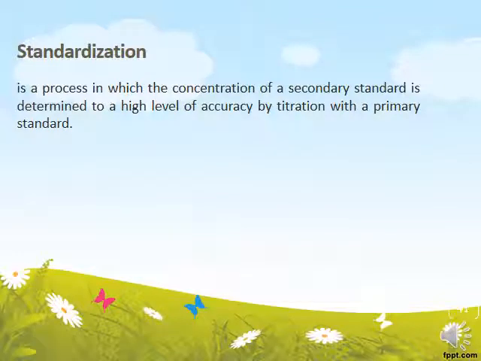So standardization is actually a process in which the concentration of a secondary standard is determined to a high level of accuracy by titration with a primary standard, and I'm sure you have gone through this in your practical classes.